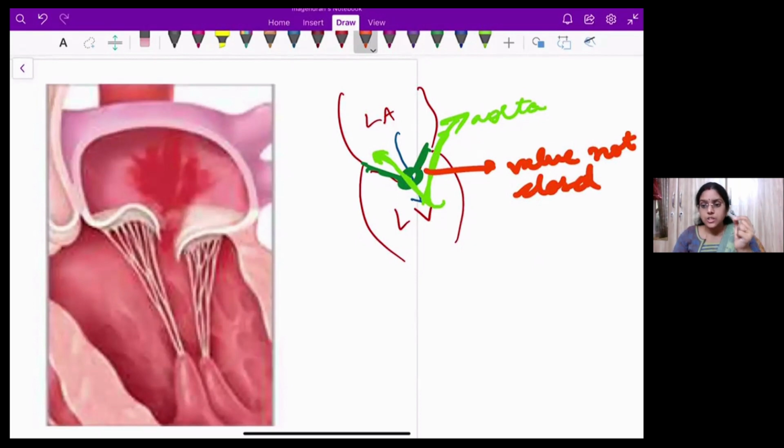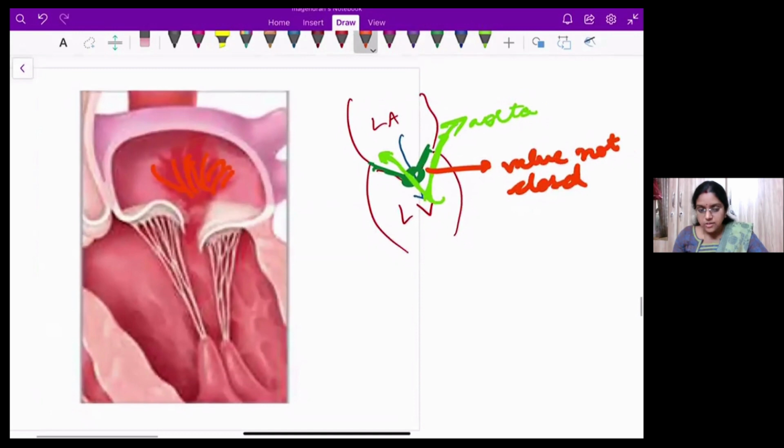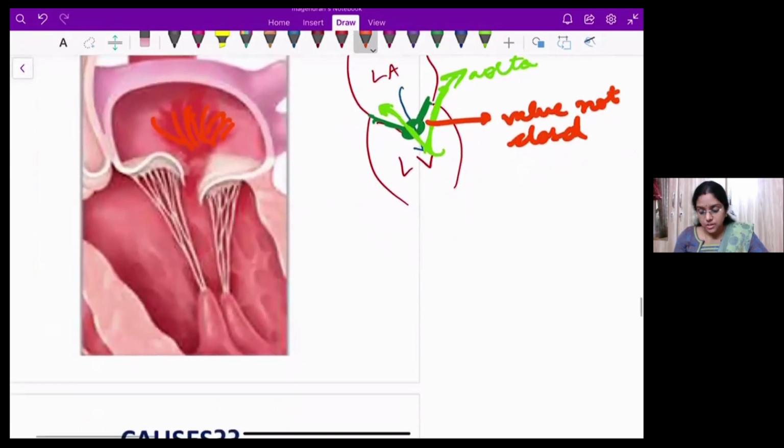That is called regurgitation, or leakage flow. This happens in ventricular systole when the aorta is also receiving some amount of blood. So you can see some amount of blood is actually going into the atrium. This is what happens in mitral regurgitation.